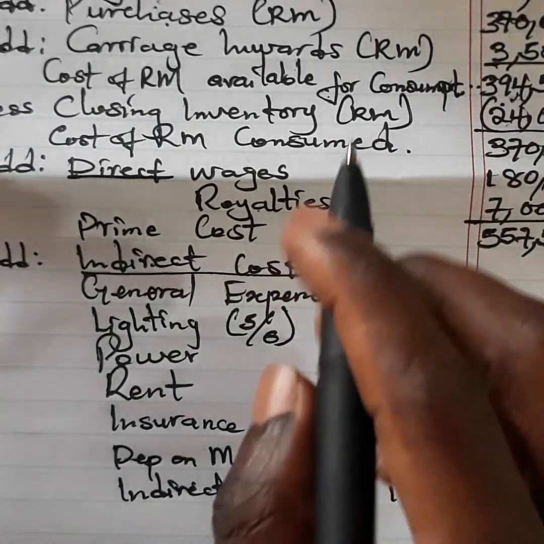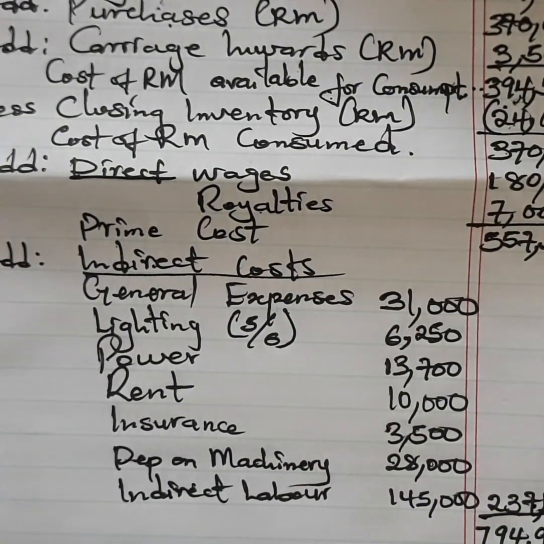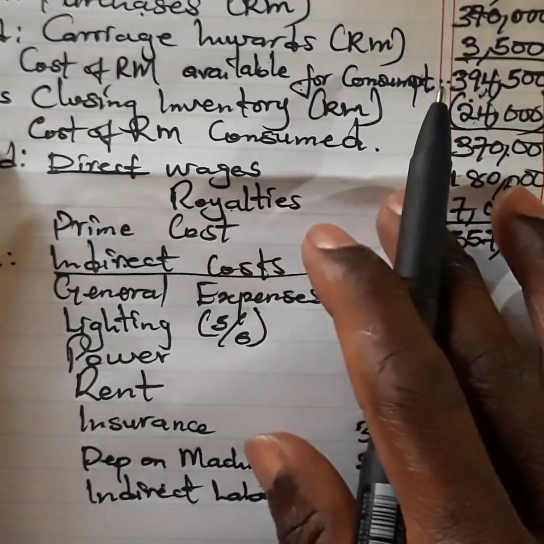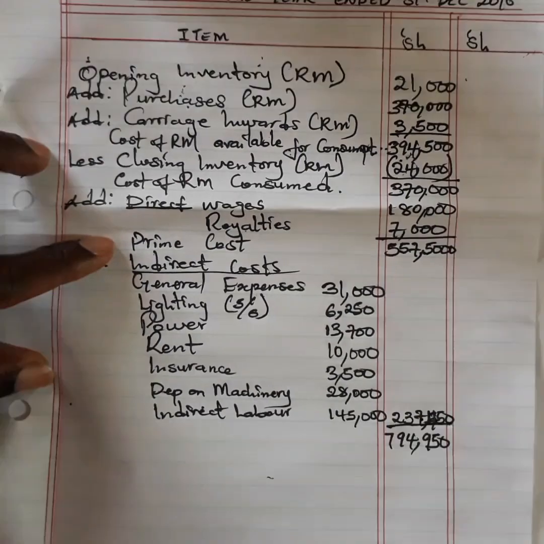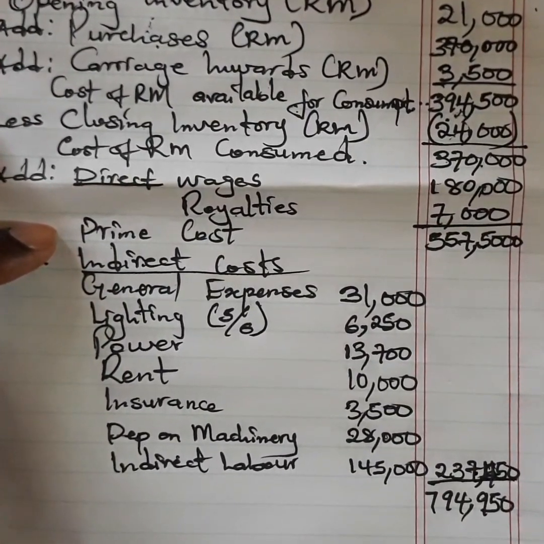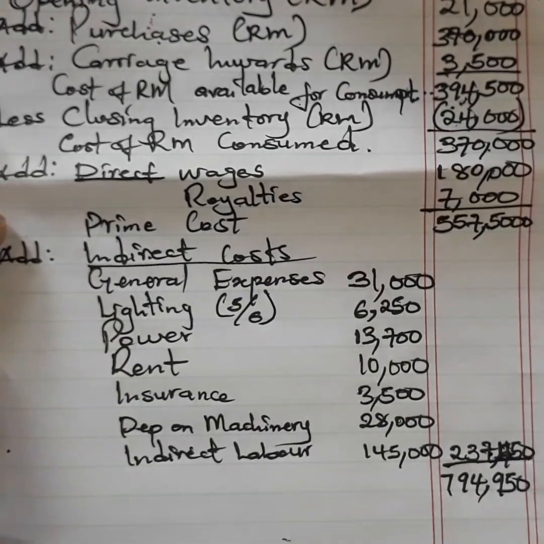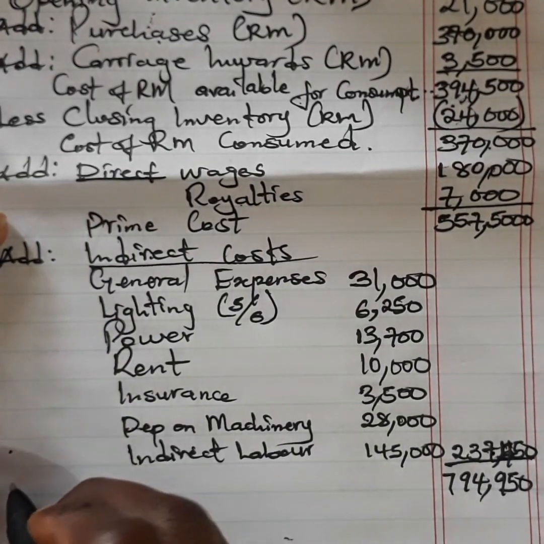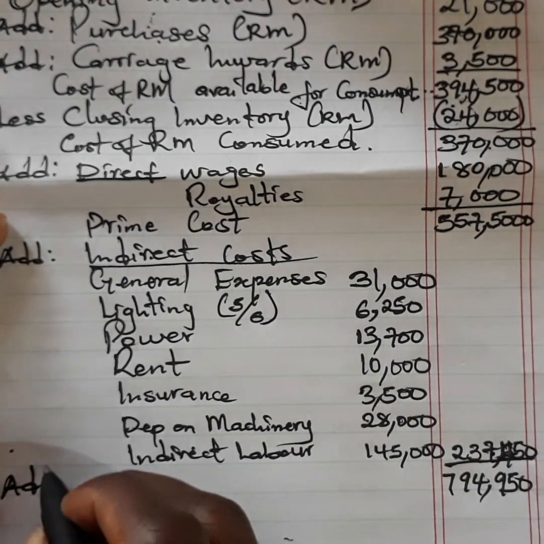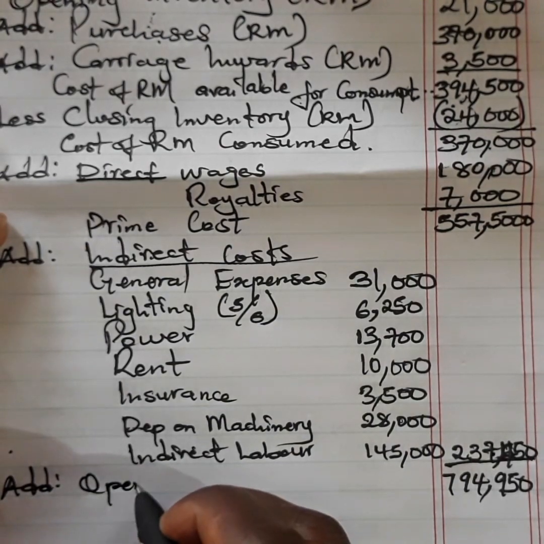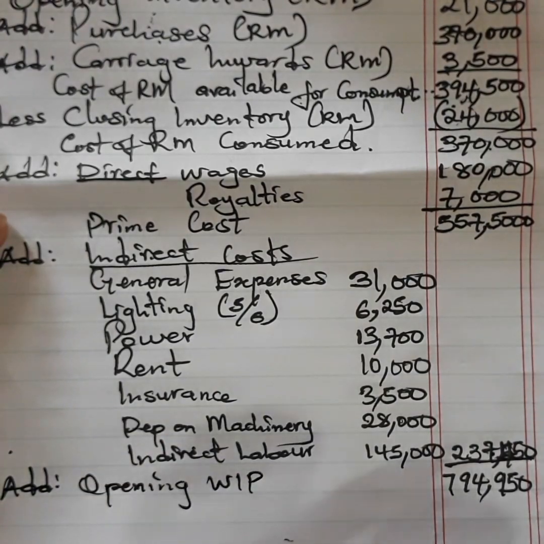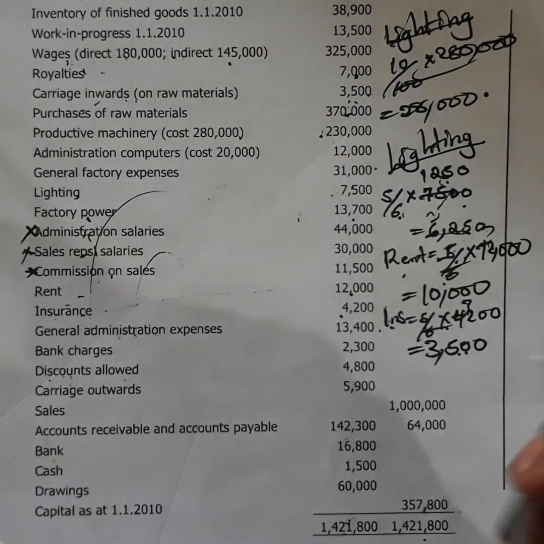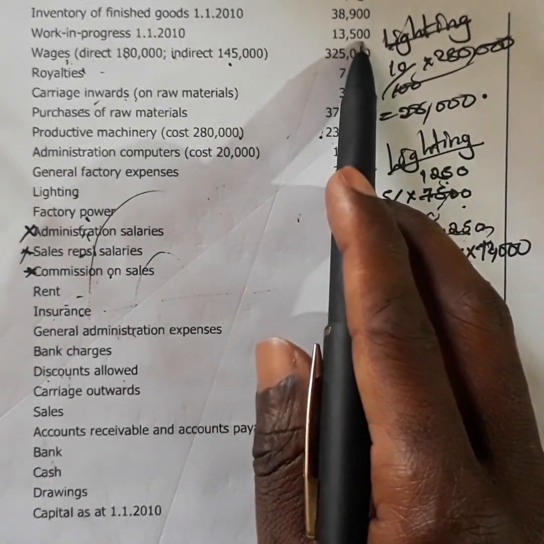And I said we have some element to do with work in progress. Goods which are still under production bear some cost, and the cost borne by these particular goods is supposed to be factored in. So it means we are supposed to add the opening work in progress, and the value of the opening work in progress as per the question is 13,500.